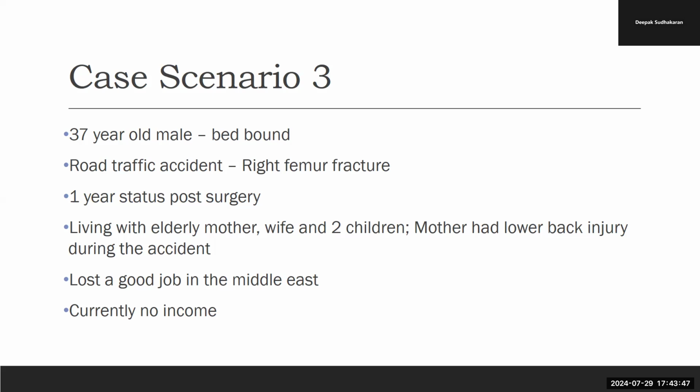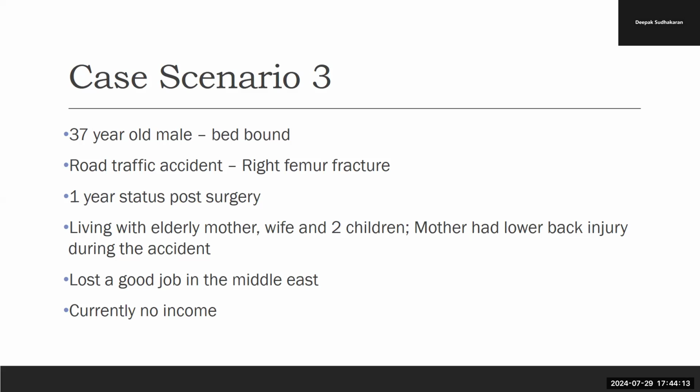Despite the surgery getting over 1 year ago, and the iron rod having been put in place and some plating also done by the orthopedician, this person was still bedbound. He can sit up, but he cannot move out of the bed. Severe pain over his right knee, severe pain and swelling as well, with some signs of inflammation.